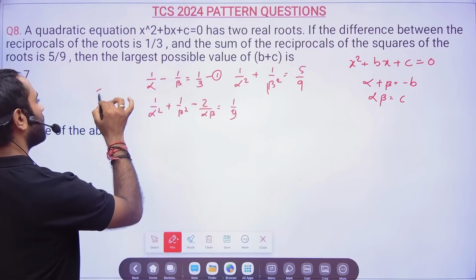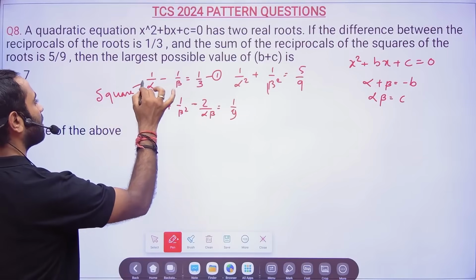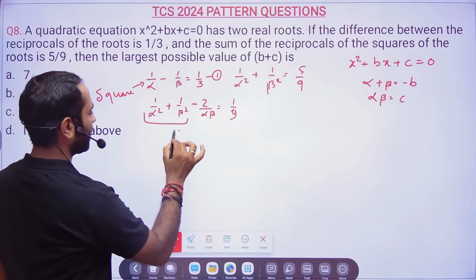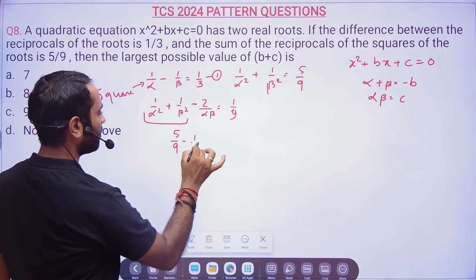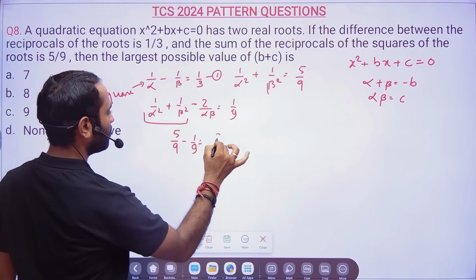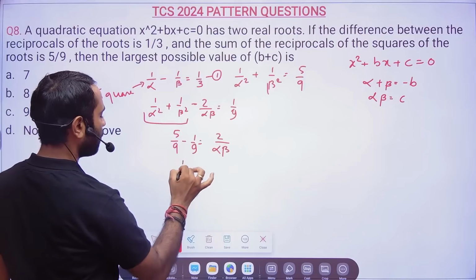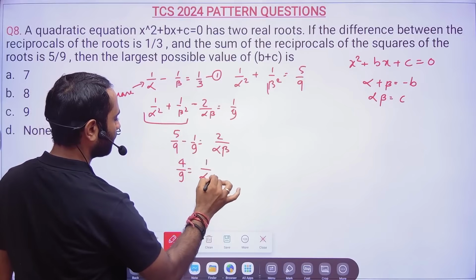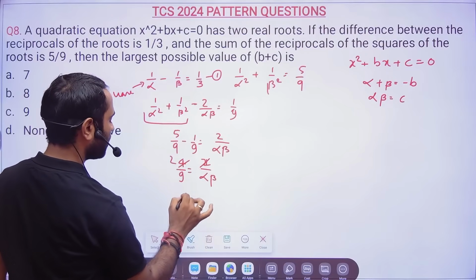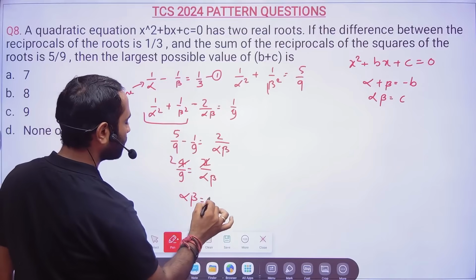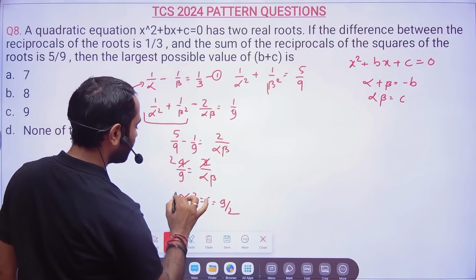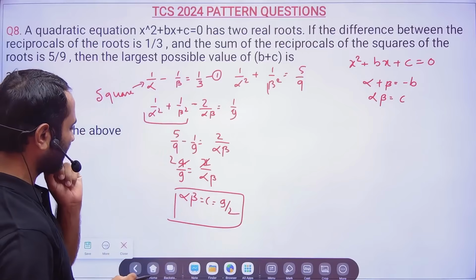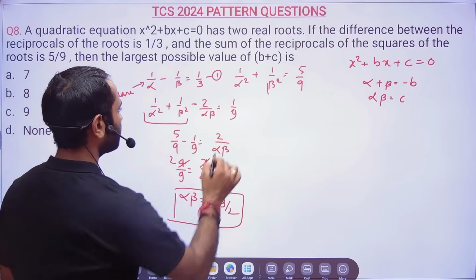The sum has already been given as 5 by 9, so this guy will come here, and 1 by 9 will be equal to 5 by 9 minus 2 by alpha beta. So 4 by 9 will be equal to 2 by alpha beta, so 1 by alpha beta is 2 by 9, and alpha beta is nothing but equal to c. So c is nothing but 9 by 2. The value of c is 9 by 2. Clear?